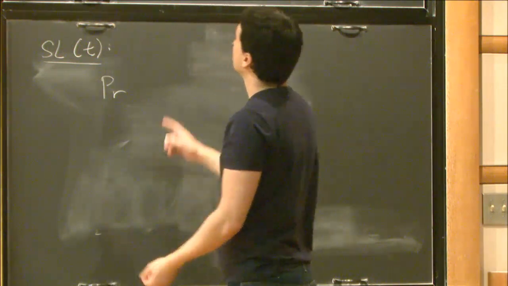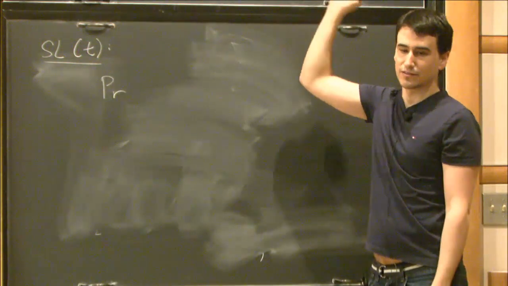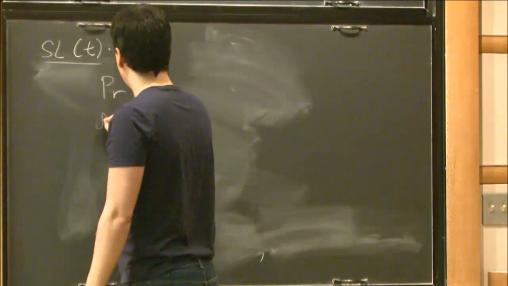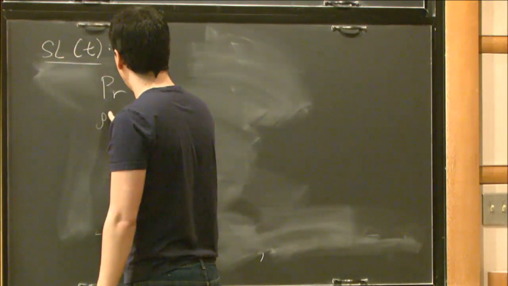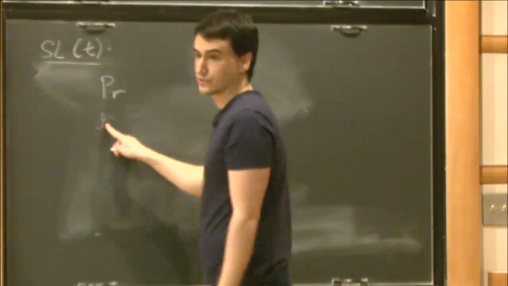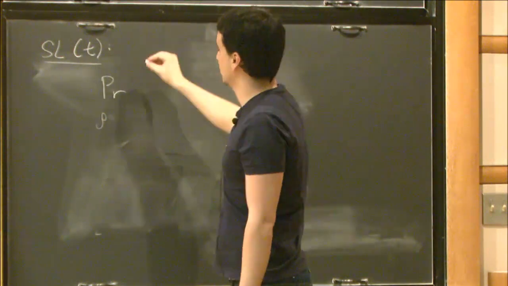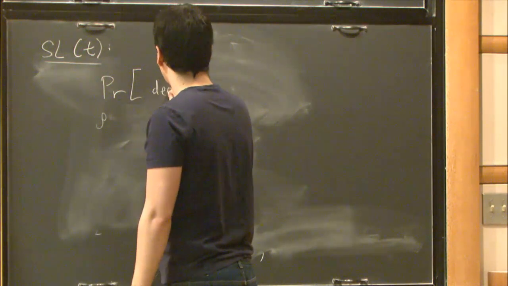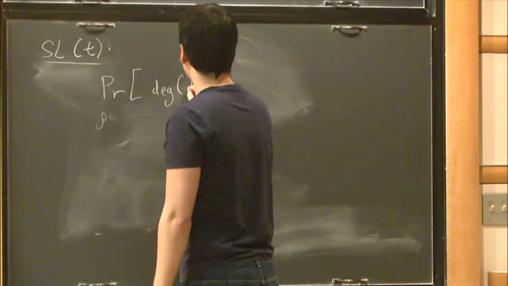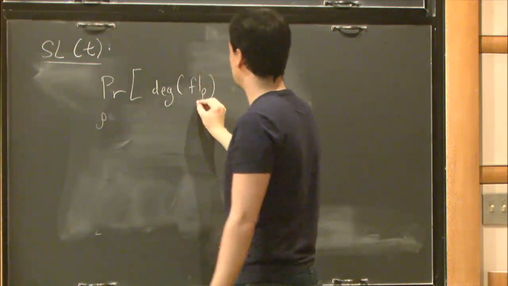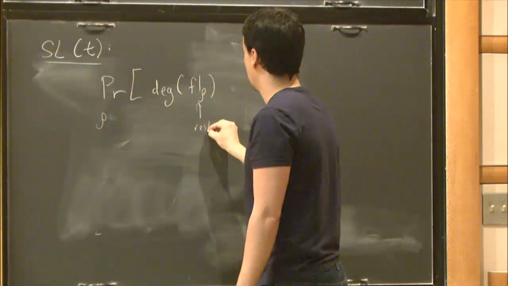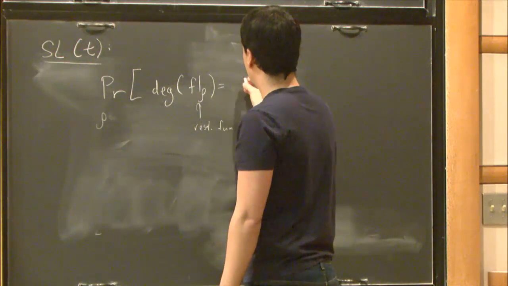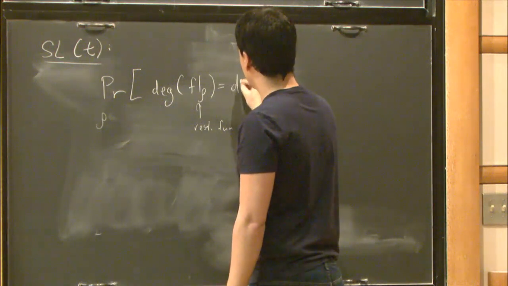And the restricted function is simply this sub-function, okay? Just when we plug in constants instead of variables. So we ask what is the probability, under a random restriction distributed according to this distribution, that the degree of the restricted function, this is the restricted function, equals d.